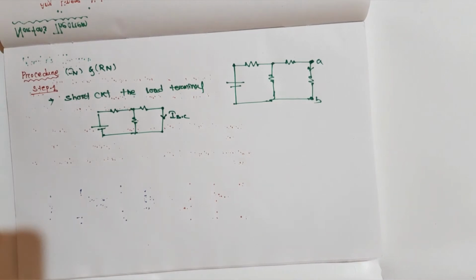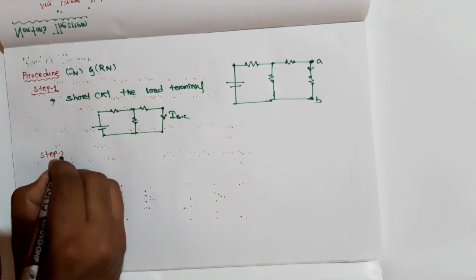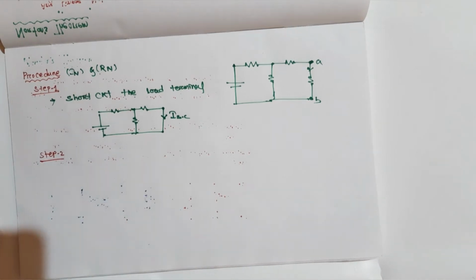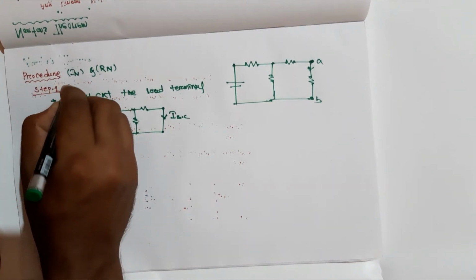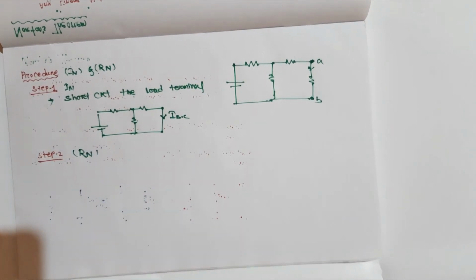Next, step 2 is for finding RN. First step is for IN, then this is RN. Finding the Norton equivalent resistance is similar to finding the Thevenin equivalent resistance.